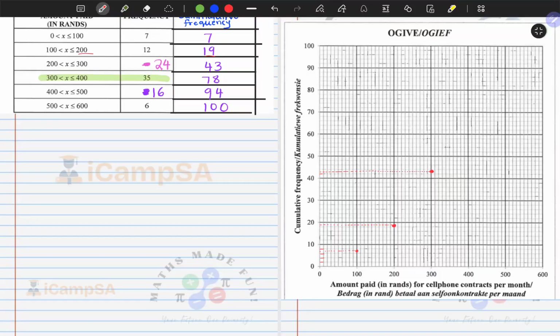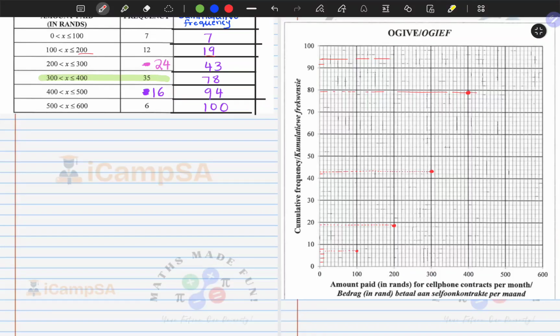And then at 400, we're at 78. So 78 is very close to 80. Okay, so I'm just going to draw a line, and that is at 400. So we have a point somewhere there. And then at 500, we have 94. Sorry, 94.